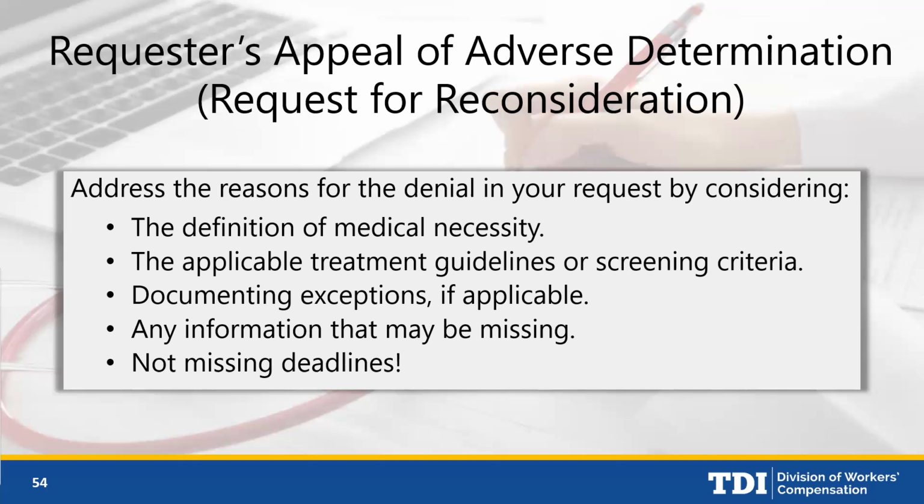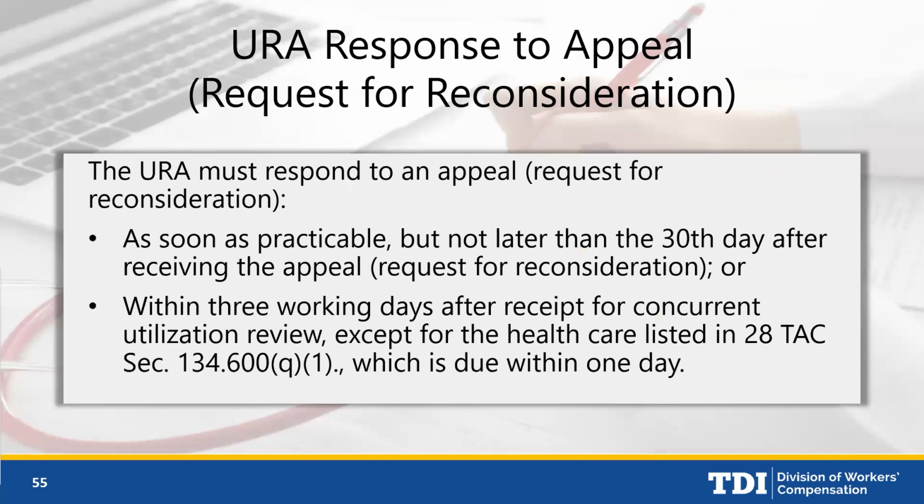So even if ODG doesn't recommend it or the network treatment guideline, use your Appendix D and ODG to help you put together and build a case to justify that treatment. And add any MRIs or evidence of missing information. And do not miss your deadline because it could end right there. So those are my best practices of overcoming and appealing an adverse determination.